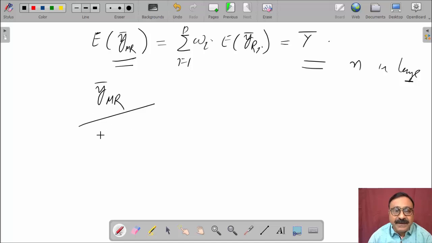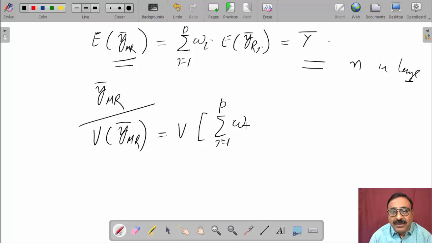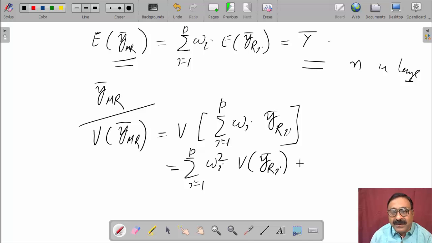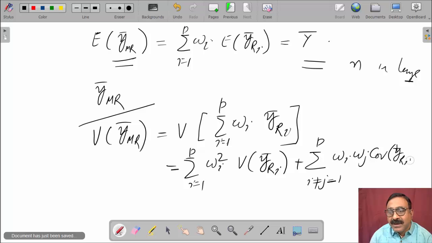Variance of y-mr bar, that is the variance of the multivariate ratio estimator, equals variance of summation i equal to 1 to p wi yri bar, that is equal to summation i equal to 1 to p wi square variance of yri bar plus summation i not equal to j varying from 1 to p wi wj covariance of yri bar and yrj bar.